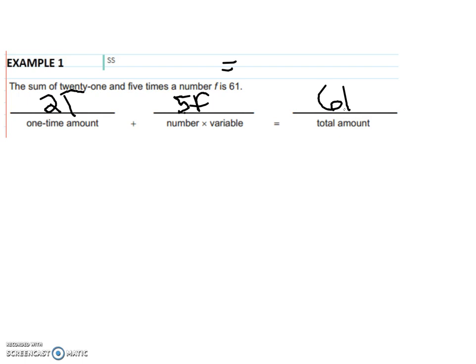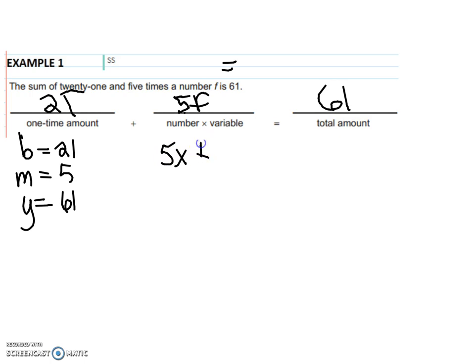So if I wanted to solve this two-step equation, it might look something like this. Oh, and if I wanted to write it in the y equals mx plus b format, my b is 21, my m is 5, my y is 61. So it would look like this. 5x plus 21 equals 61.